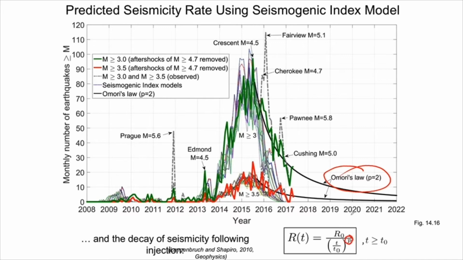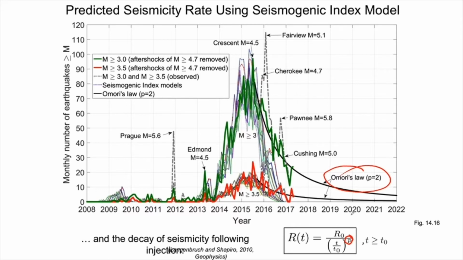So for natural earthquakes, p would be equal to 1. In some of the induced seismicity sequences studied by Langenbroek and Shapiro in Europe, p could be as large as 5, which would give a very rapid reduction in the number of earthquakes.